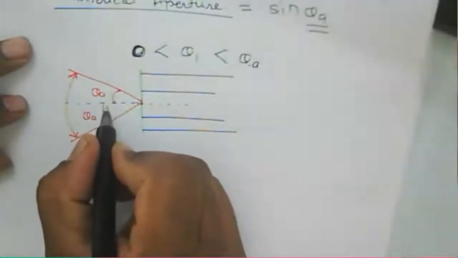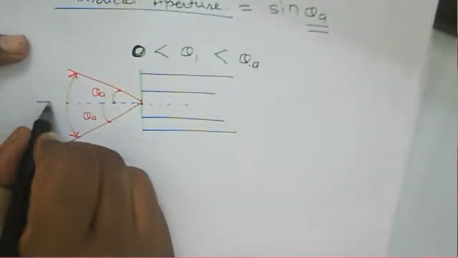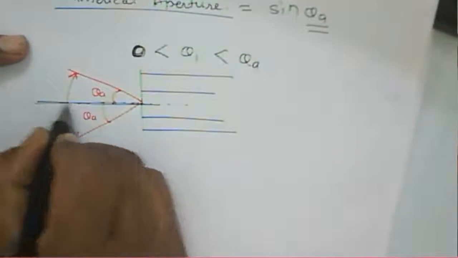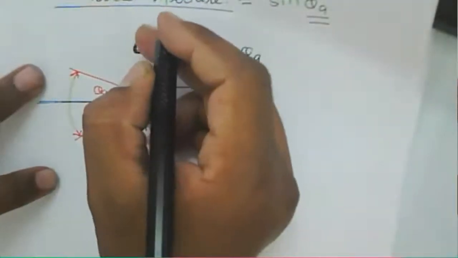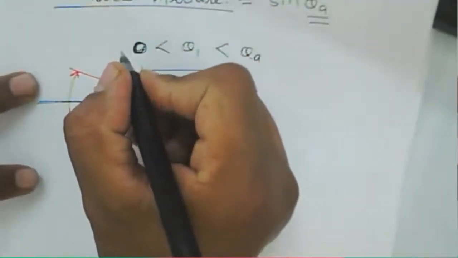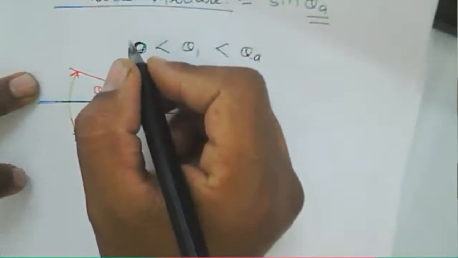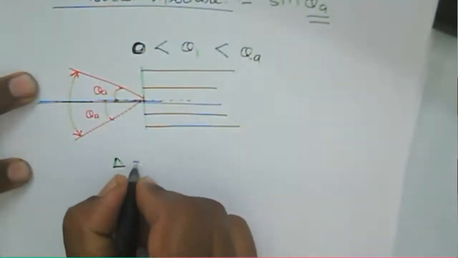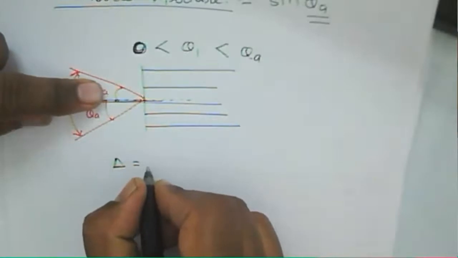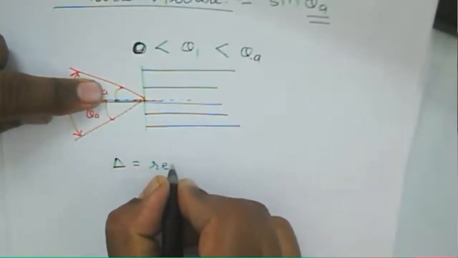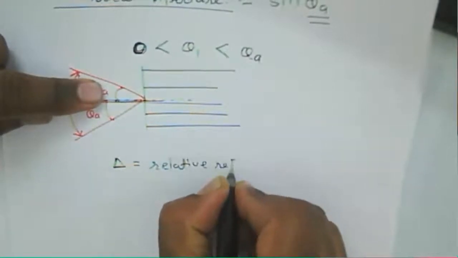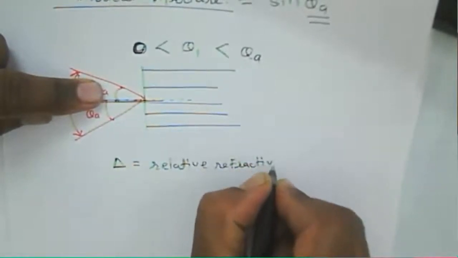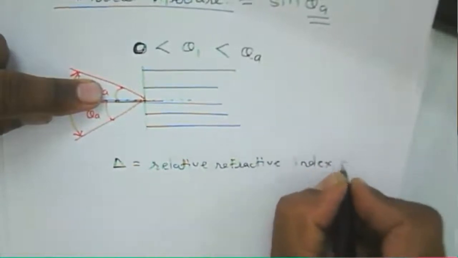Now we say that the light ray propagating through the fiber makes an angle in the range from 0 to theta a. If it is beyond that, no. If it is within that angle, then the light ray propagates through the fiber, even if it is a meridional ray. Meridional rays mean the rays propagating through the axis of the fiber.